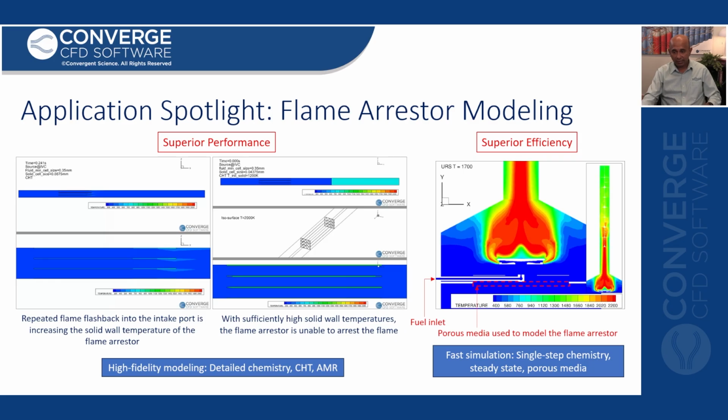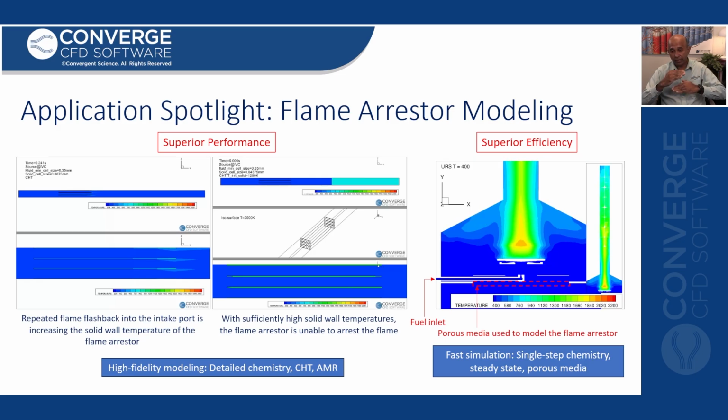On the right hand side, I'm showing if you don't want to do it in a three-dimensional way, because it's too expensive, but you want to be able to avoid the flame from going into the other side if a flame flashbacks. You can use porous media coupled with heat transfer to give momentum sinks and then let the flame not go through, because there's heat transfer associated with the porous media as well.